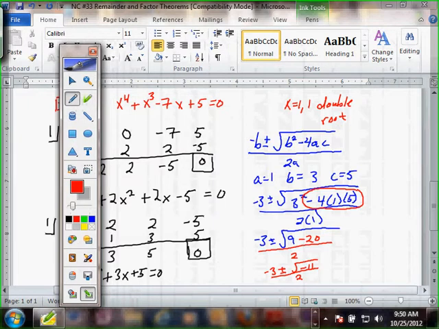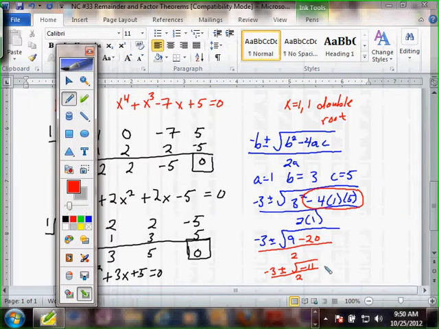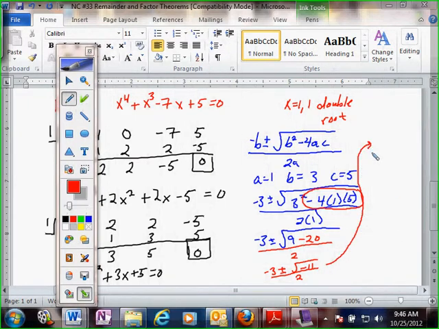Continuing to simplify, negative 3 plus or minus root negative 11 over 2, because 9 minus 20 is negative 11. Continuing to simplify, negative 3 plus or minus. You should see that square root of negative 1 underneath here pops out as the i, and I'm left with root 11 over 2.